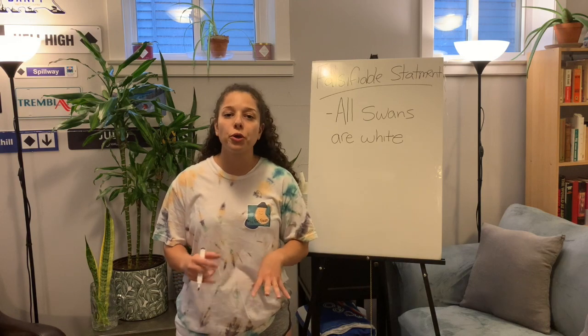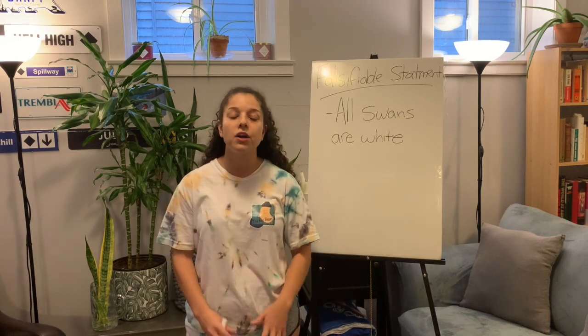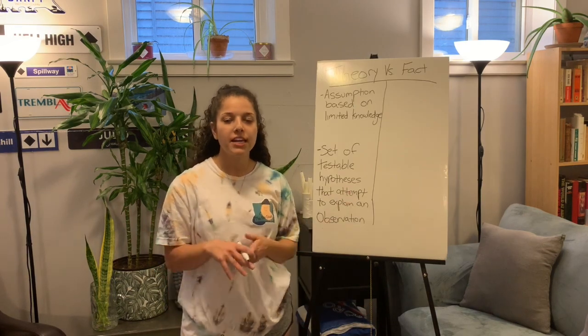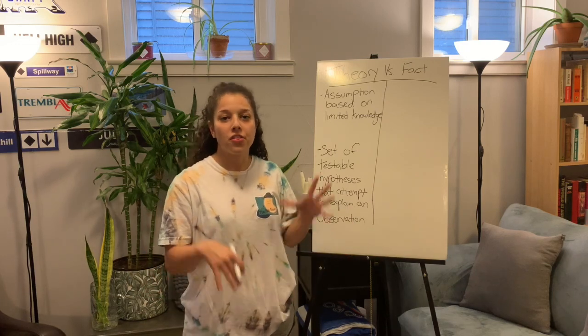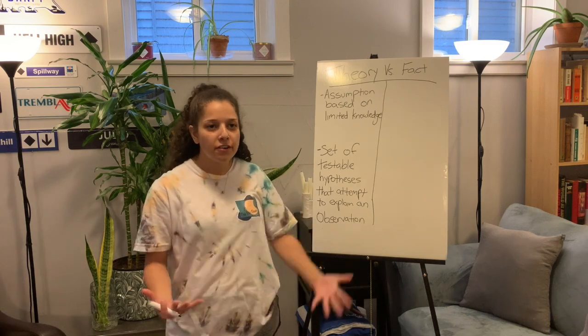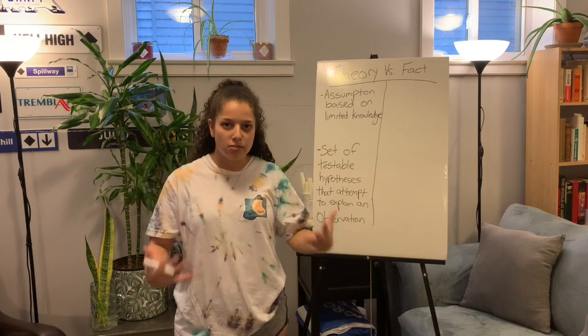Now we're going to talk a little bit about how the definition of scientific theory applies to the idea and theory of evolution. Before we get into the theory of evolution, I wanted to go over a little bit about what a theory is versus a fact. To go over a few definitions, a theory is an assumption based on limited knowledge.